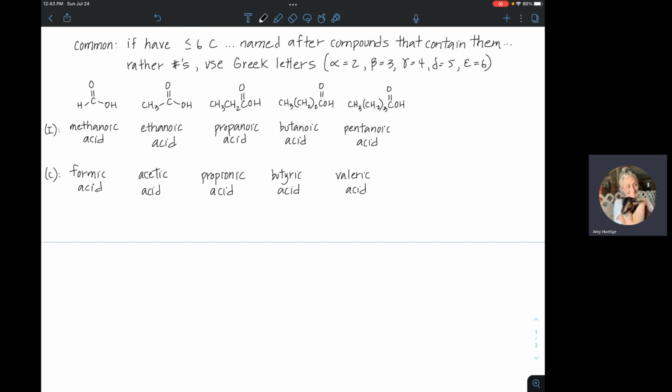And then the last one that we will give a common name to, because remember it's less than or equal to 6 carbons. So if we have 6, this would have been hexane, so this is hexanoic acid.